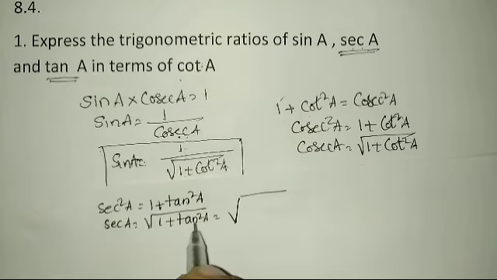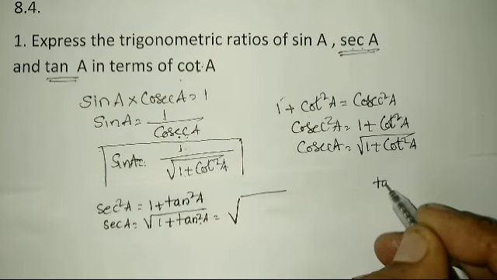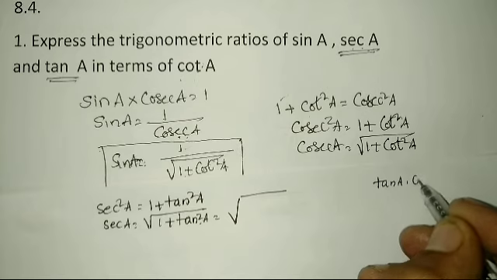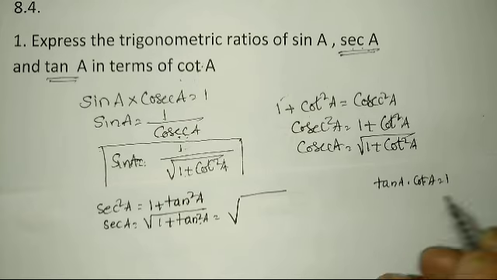But we have an identity with respect to tan A and cot A, that is tan A into cot A equal to 1.